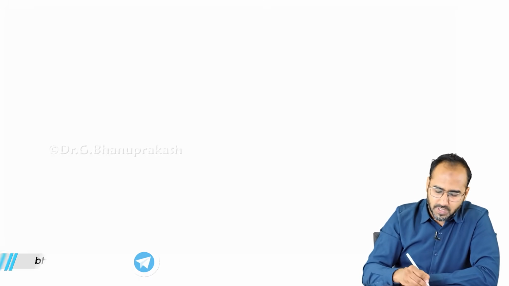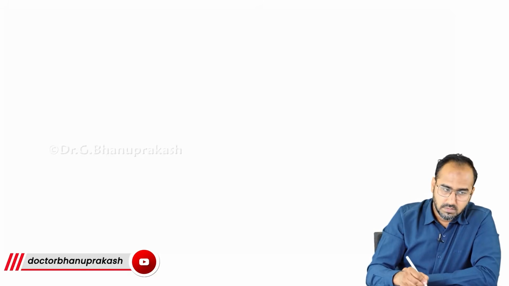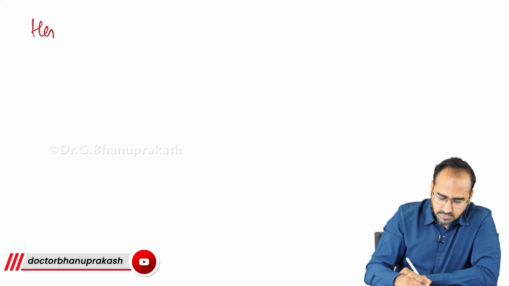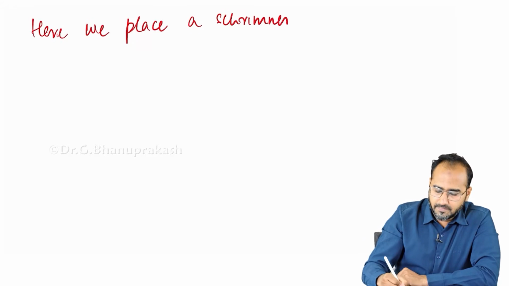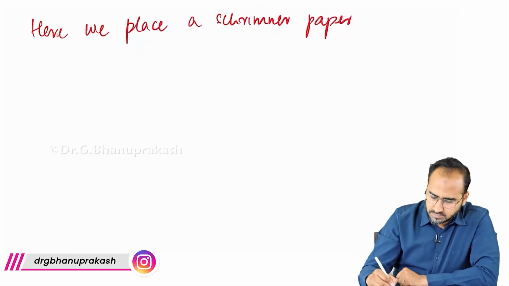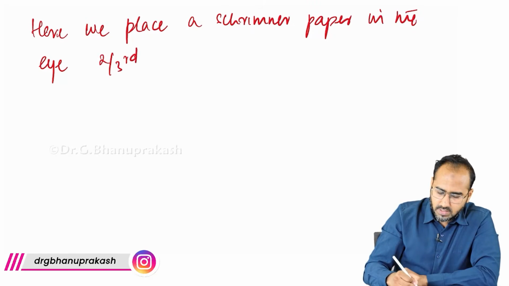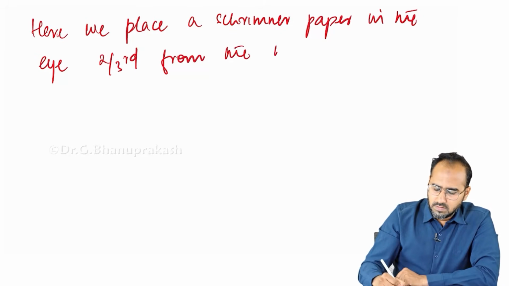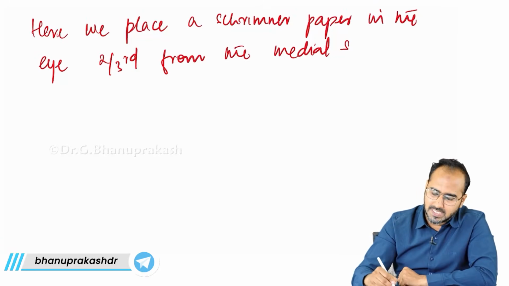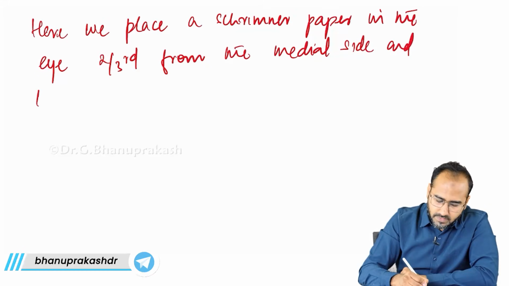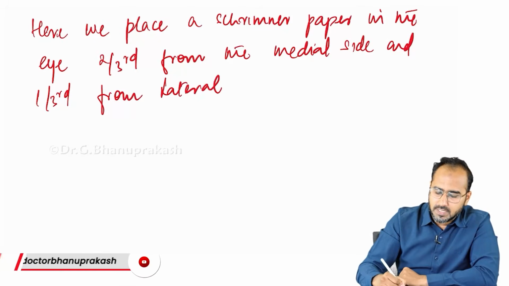Schirmer's test. In Schirmer's test, what we do here is place a Schirmer paper in the eye, 2/3 from the medial side and 1/3 from the lateral side.